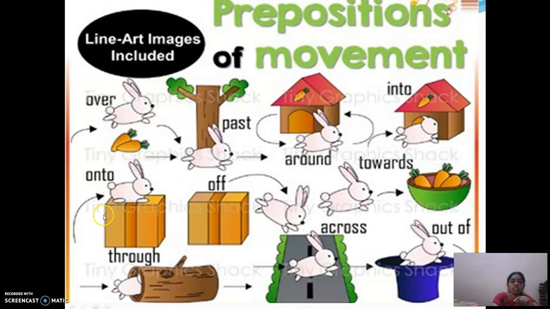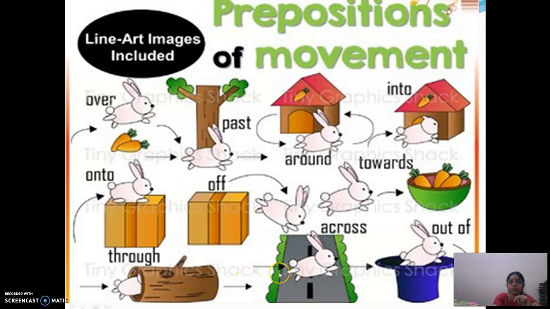Next is onto. Next is off, jumping off. See that arrow. Onto is from down to up. Off is from up to down. And towards: the rabbit is running towards a carrot. And this is through: from outside it is going inside the wood.